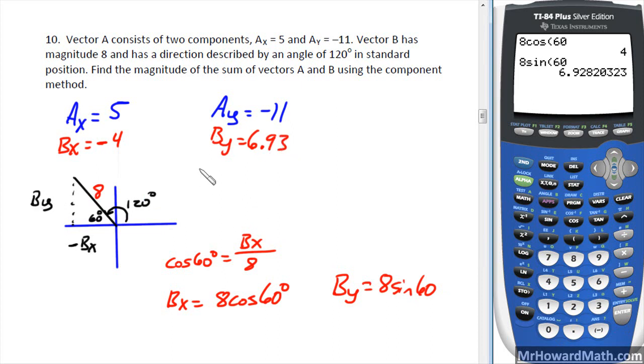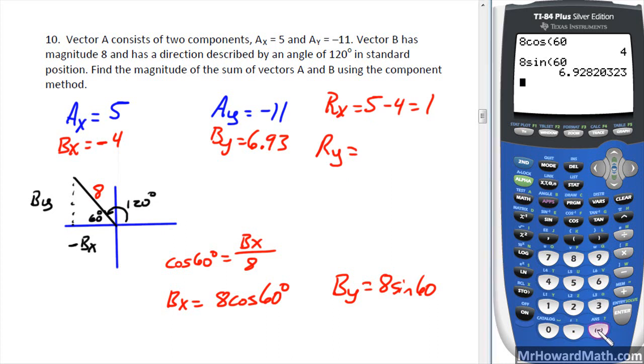And now we combine the two. So a sub x and b sub x give us our resultant x. 5 plus negative 4 gives us 1. Our r sub y is going to be negative 11 plus 6.93, and we get negative 4.07.